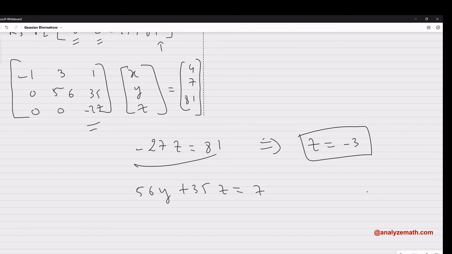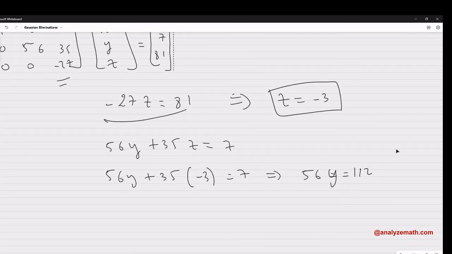So we just substitute: 56y plus 35 times negative 3 gives me 7. When you simplify all this, that gives you 56y equal 112. And then if you divide both sides of the equation by 56, that will give you y equal to 2. So we have z and y.